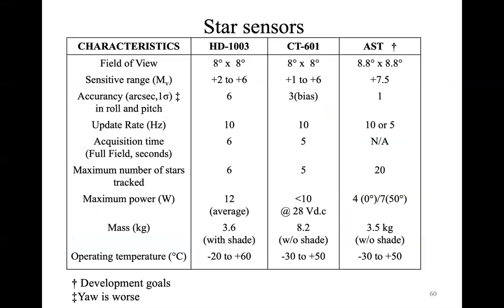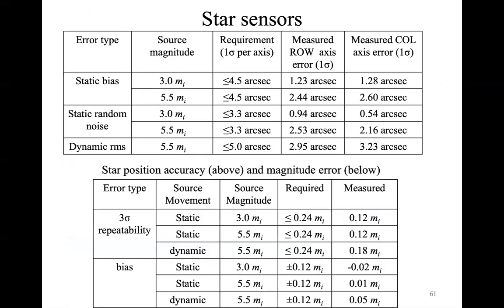And the properties of the instrument are expressed, for example, in this table here. So you don't need to know these numbers. The only thing that you need to know is that usually star trackers have errors that are related to the magnitude of the stars that you are looking at. And this error can be defined as a static bias or a random noise.